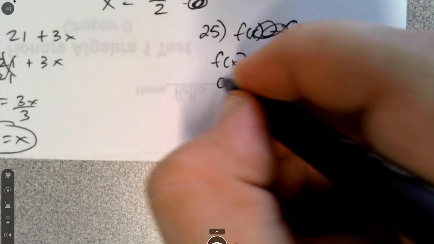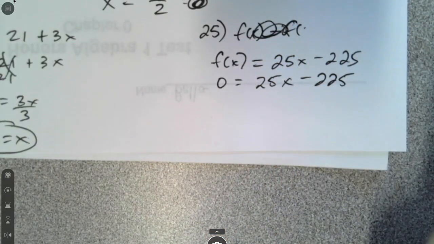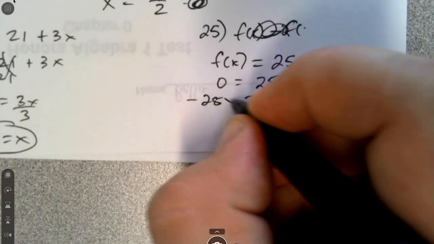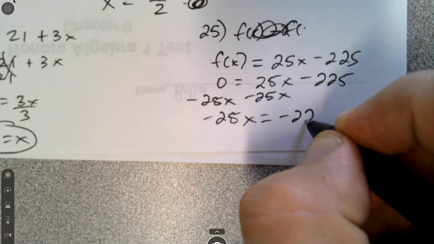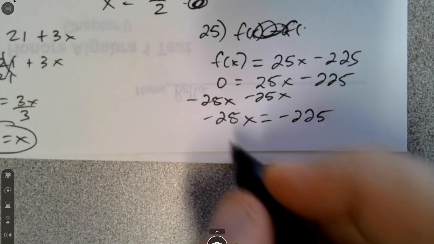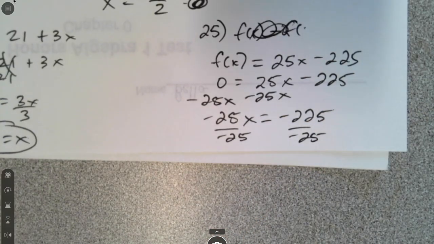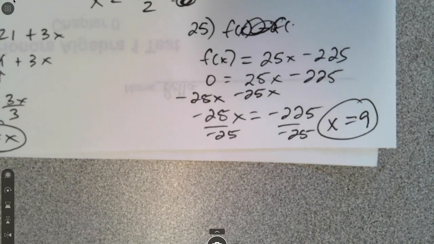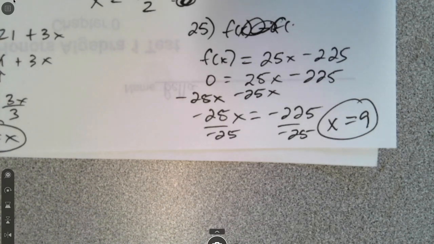We plug in 0 for f of x, subtract 25x from both sides, and we divide both sides by negative 25. And yes, you are allowed to use your calculator. So if you don't know that just by looking, that's okay. You'll get x equals 9. So the 0 of this function happens when x equals 9.